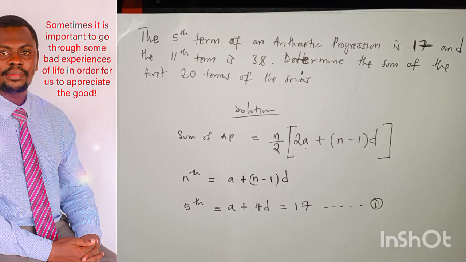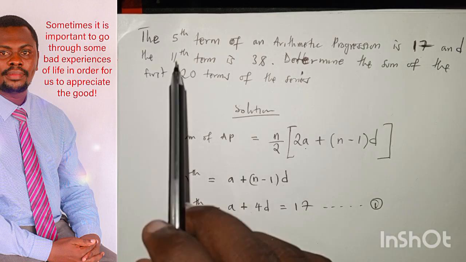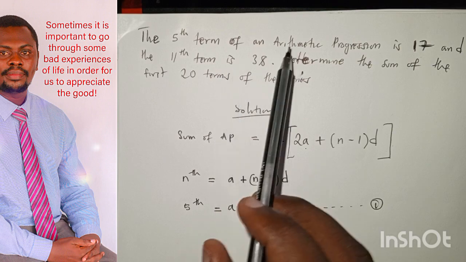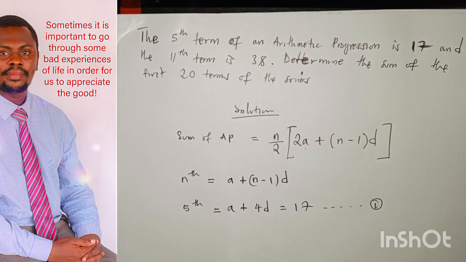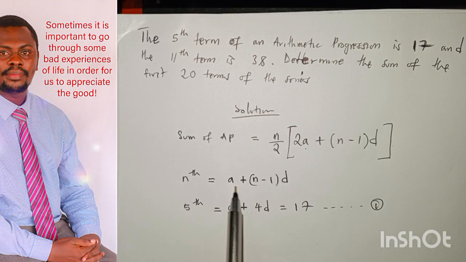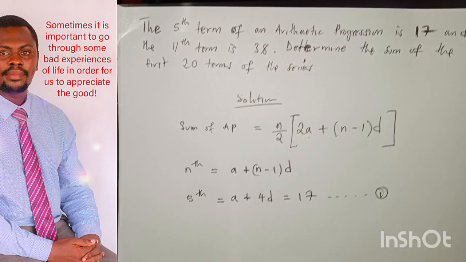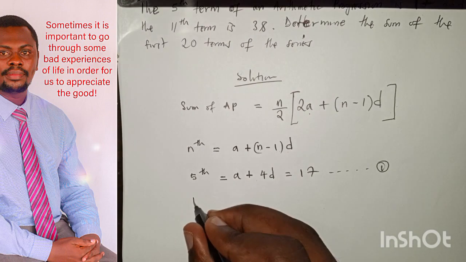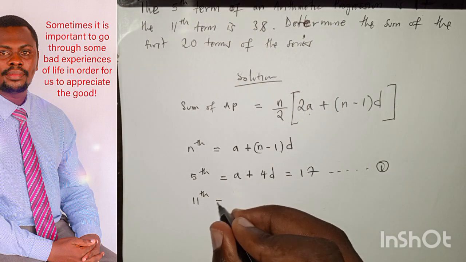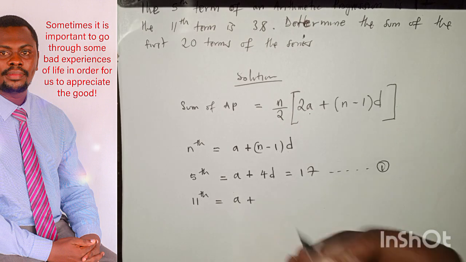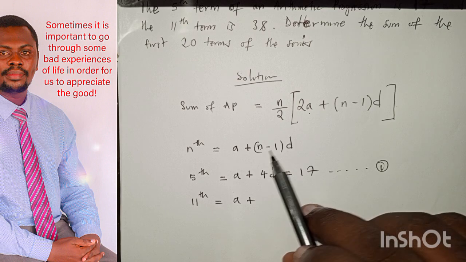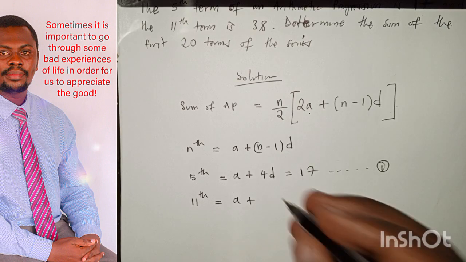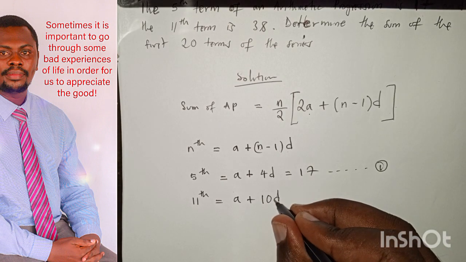Then the other information which is given is that the 11th term of an arithmetic progression is 38. Again, we know that the nth term is equal to a plus n minus 1 d. So the 11th term is equal to a plus, where n is 11, so 11 minus 1 is 10, so we have 10d.